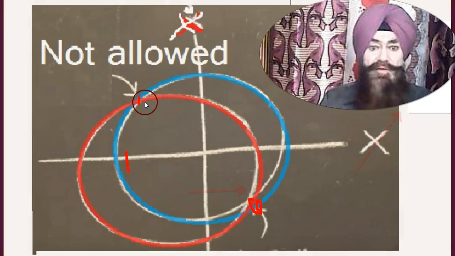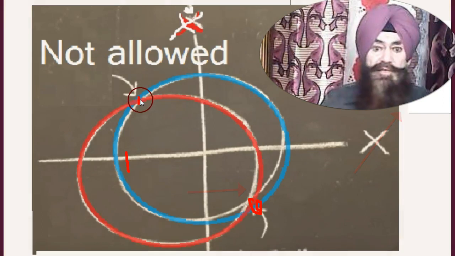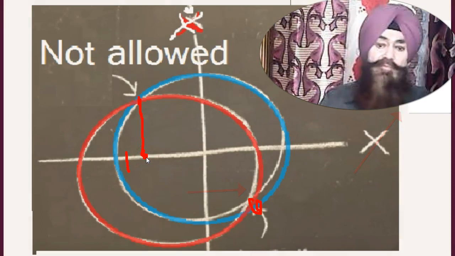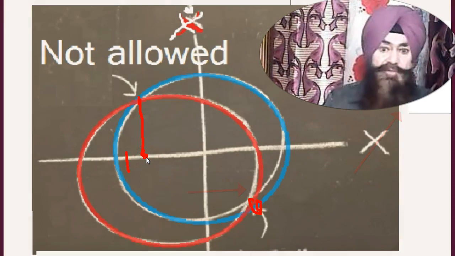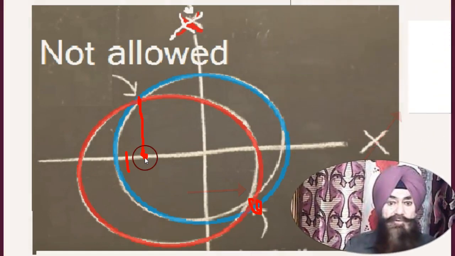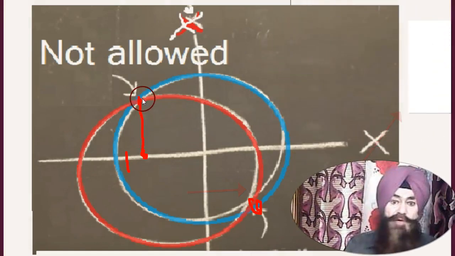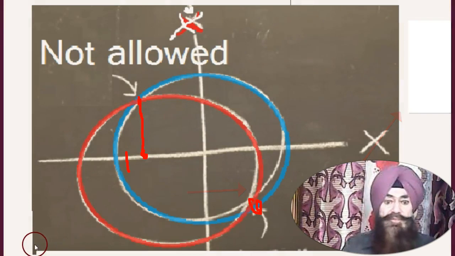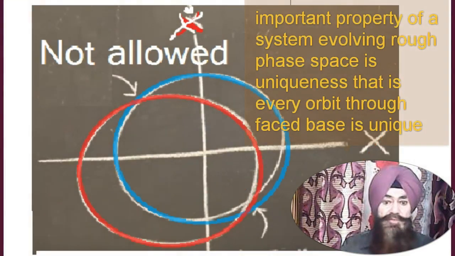If they intersect, that means at a particular time the particles occupy the same position, which is not possible. One space is occupied by one particle only, not many particles. So intersection of the phase space trajectories is not allowed. This is uniqueness.